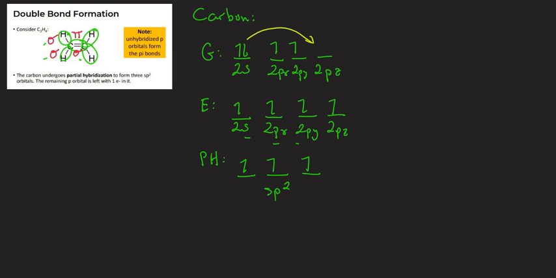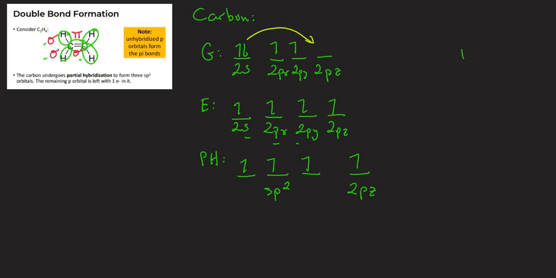Okay, we're forgetting something. The last electron is our unhybridized 2pz. So that's now the partially hybridized state, including 3 hybridized electrons, creating your sp2 hybridized states, and a 2pz.